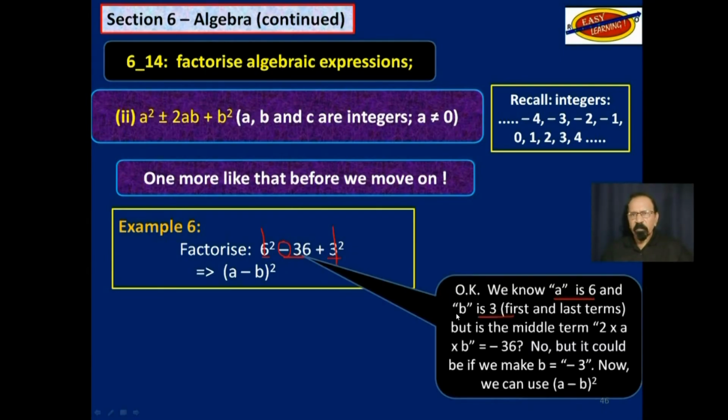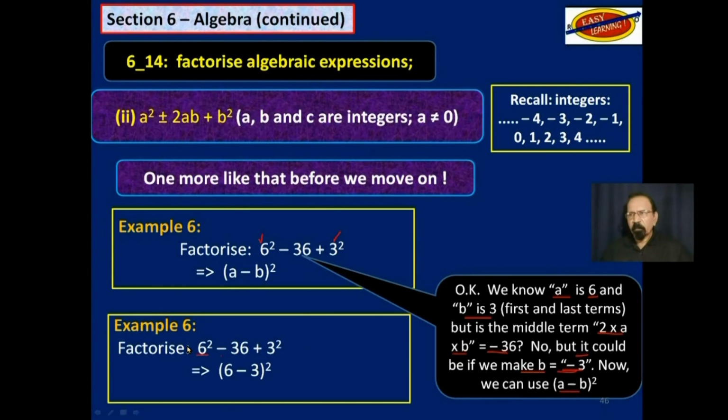We know B is 3. That's the first and last term. But is the middle term 2 times A times B? Can we get negative 36 from that? No, but it could be if we make that 3 negative 3. Now we can use A minus B squared.